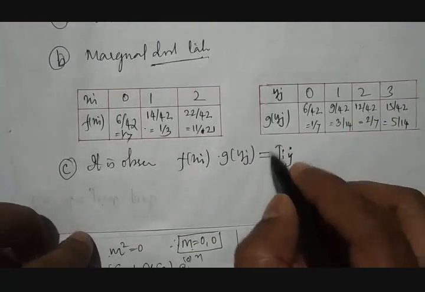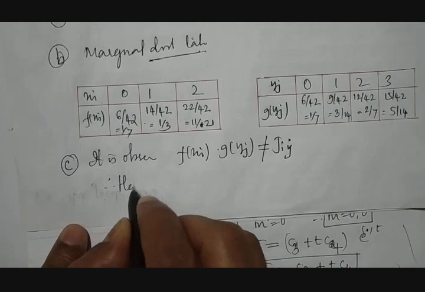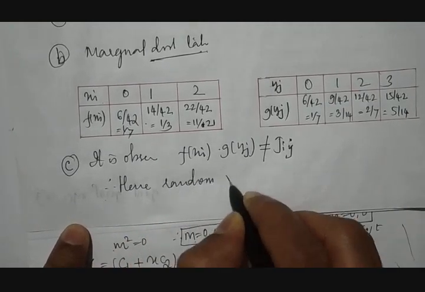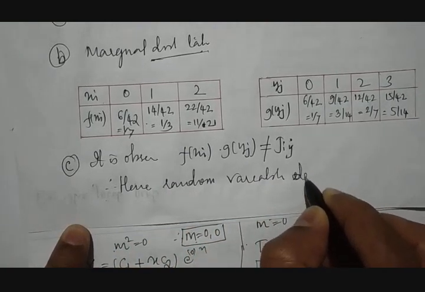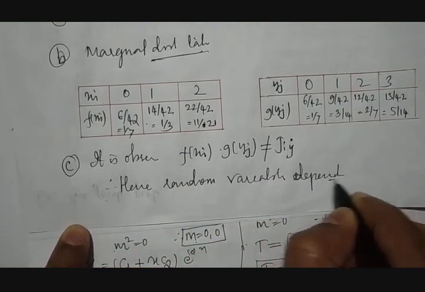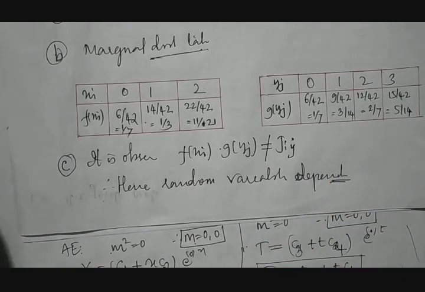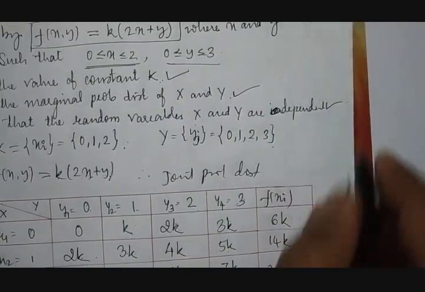No, therefore this is not possible. Hence the random variables are dependent on each other, that we have to show. So that is the one question. That is also fulfilled.